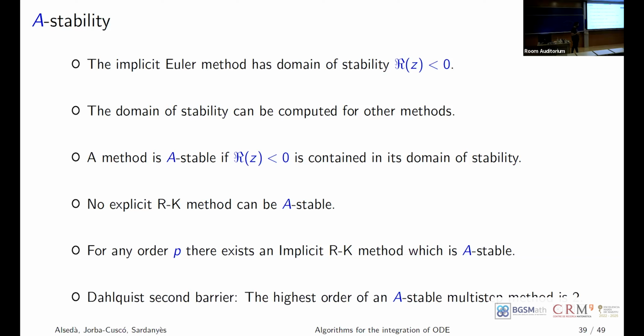But in the case of linear multi-step methods, the highest order of an A-stable multi-step method, which has to be implicit, is 2. That's called Dahlquist's second barrier. So the best, if you want to solve a stiff equation with a linear multi-step method, you'll get order 2.